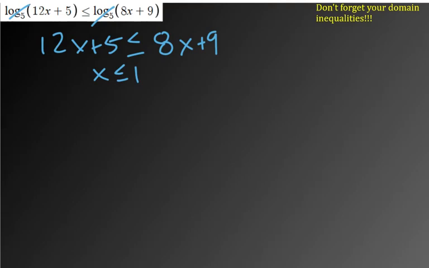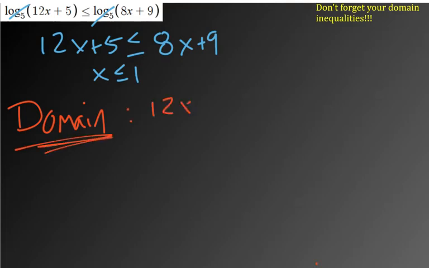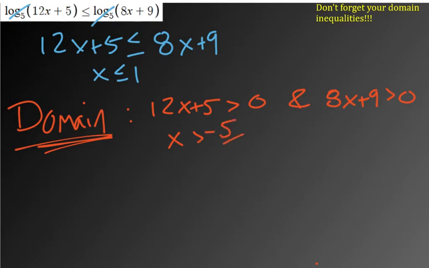That solves the inequality, but for the domain, we need 12x plus 5 to be greater than 0, and also we need 8x plus 9 to be greater than 0, right? So these are just each of the two logs. So you get x greater than negative 5/12, and here you get x greater than negative 9/8, okay?